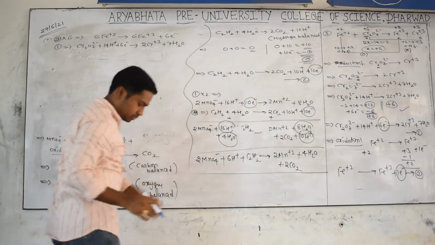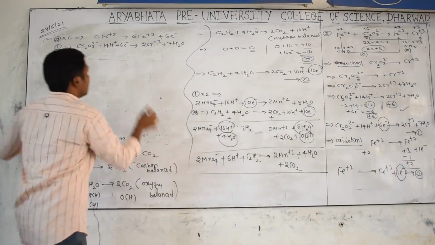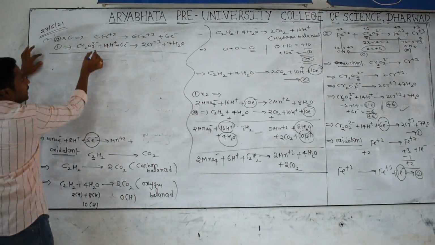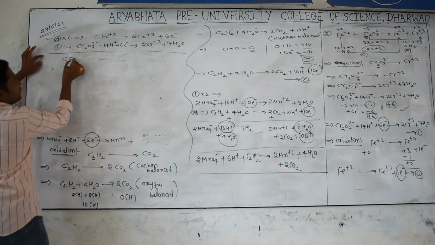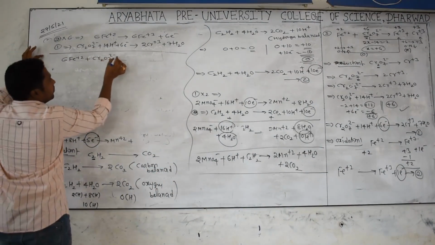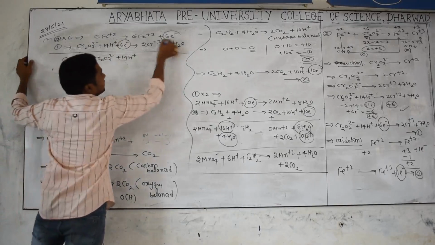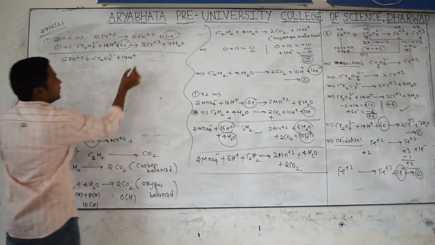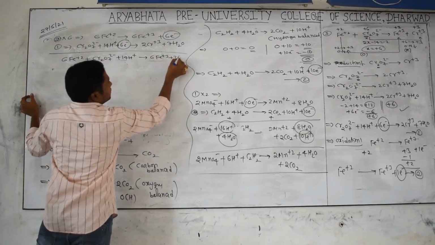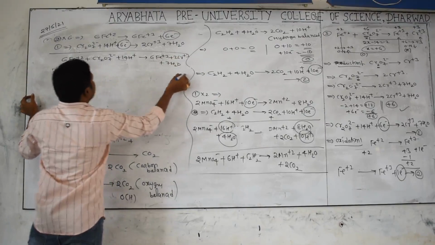Just check it once. Yes. Now the two reactions should be added. What do you get? Add it: 6 Fe plus 2 plus Cr2O7 2 minus plus 14H plus, the 6 electrons on the left and right cancel. Then we get 6 Fe plus 3 plus 2Cr plus 3 plus 7H2O.